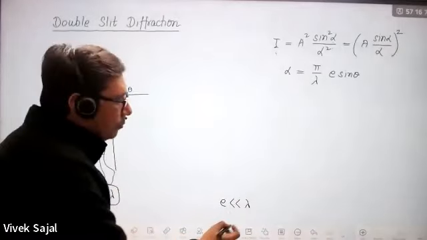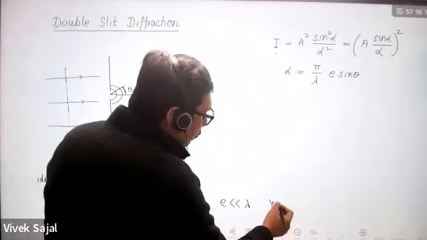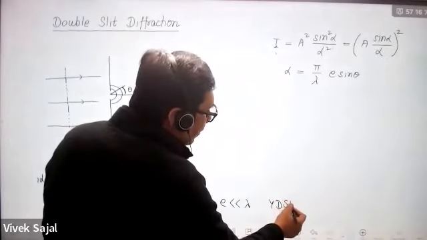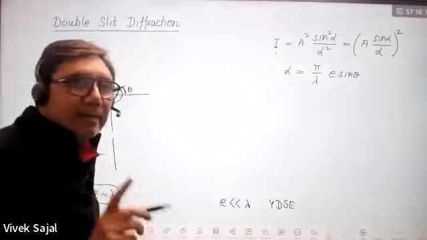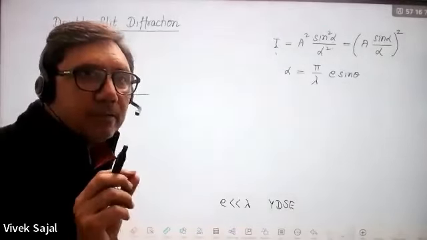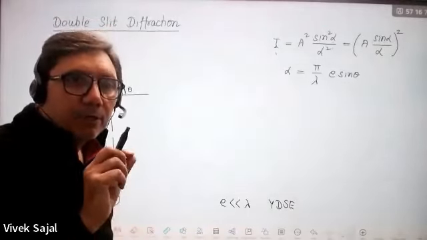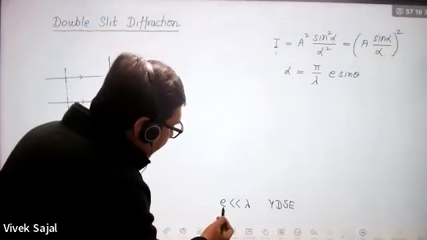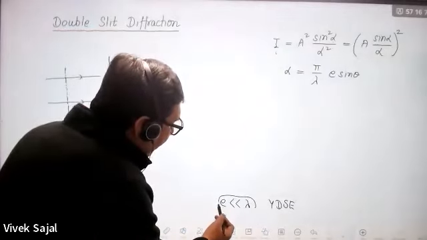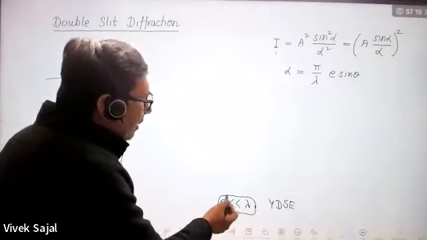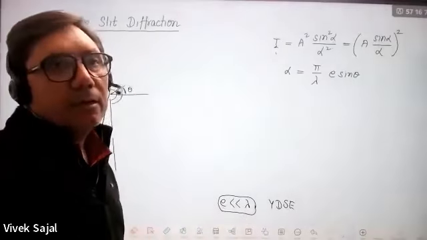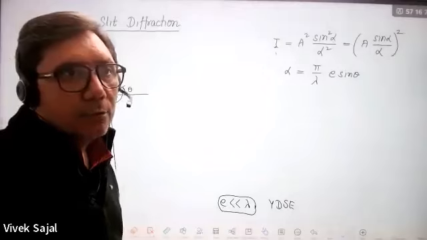Why was this condition used in YDSE? So that diffraction can be avoided. When this condition is satisfied, diffraction will not occur, only interference will happen.